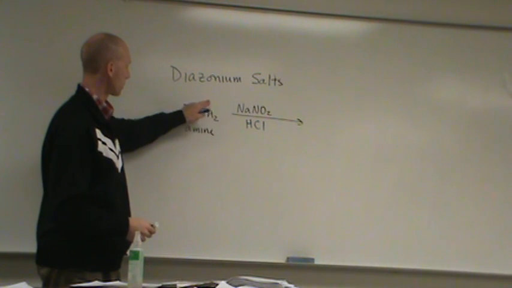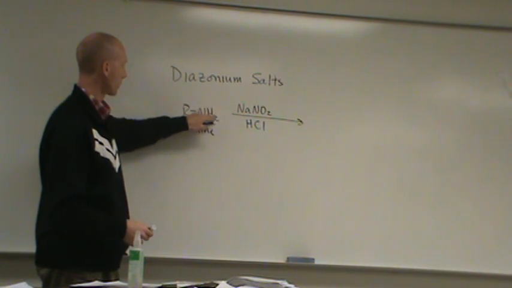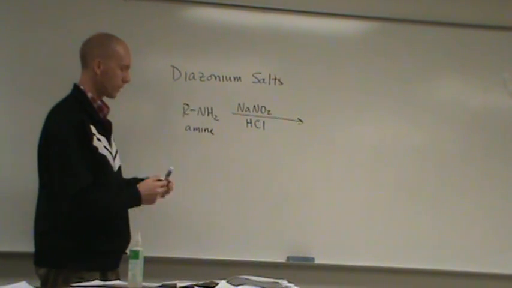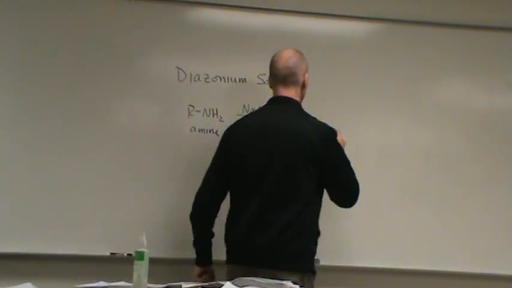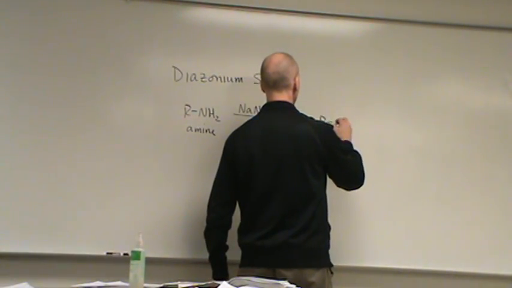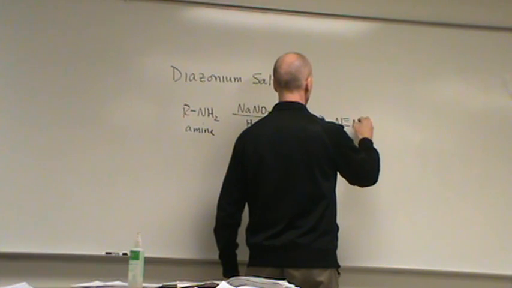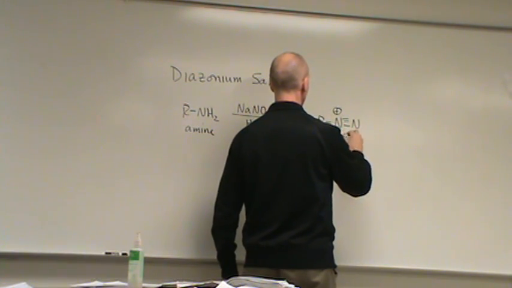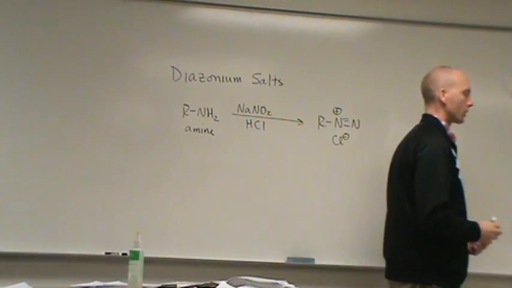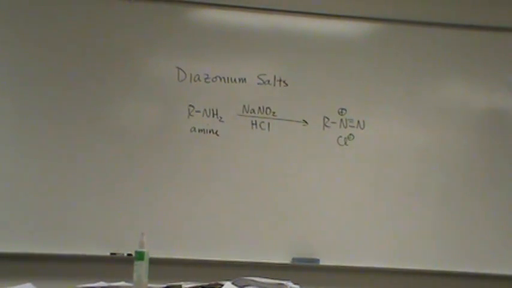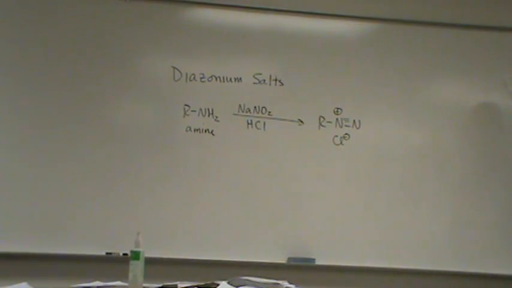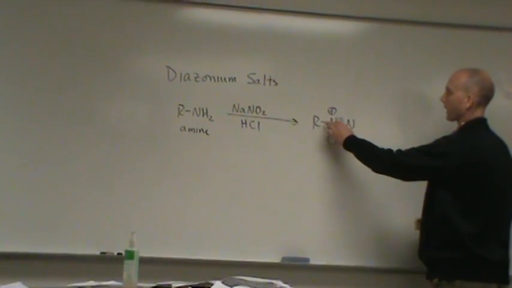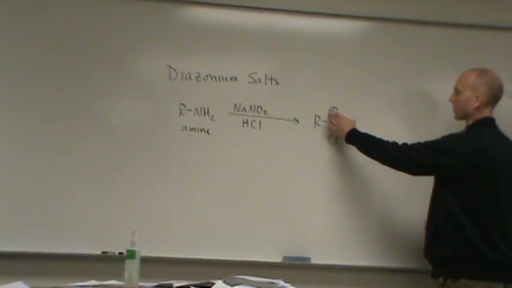Well, it's going to transform, it's going to oxidize this NH2 into this thing here, where we get an N triple bond N. Okay, so nitrogen again has 4 bonds, so it's positive.